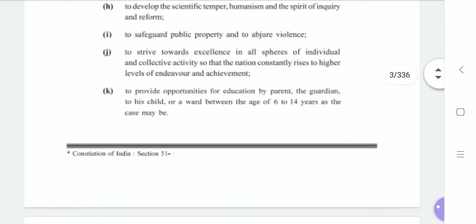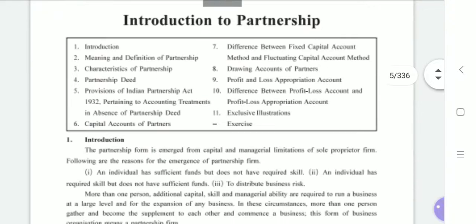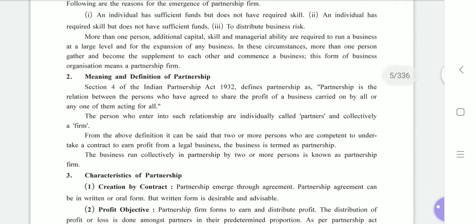Now, we already know what partnership is. Partnership is when 2 or more persons join their hands together to carry out any business activity, and as a result of this, they'll be sharing the profit or loss.